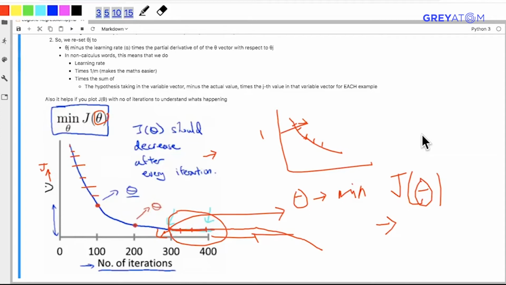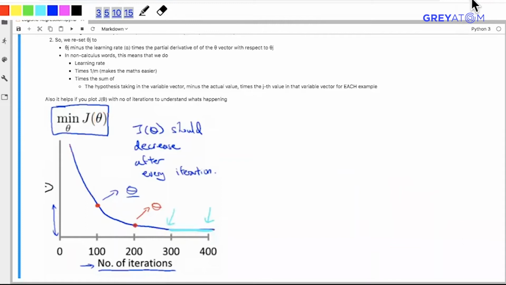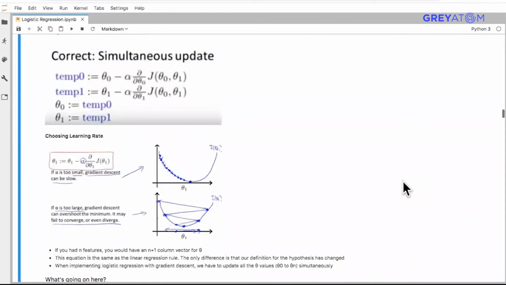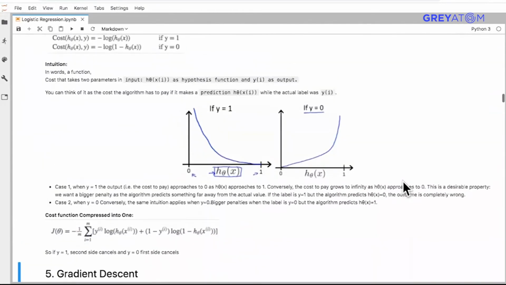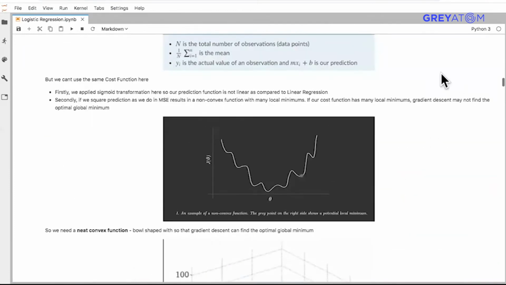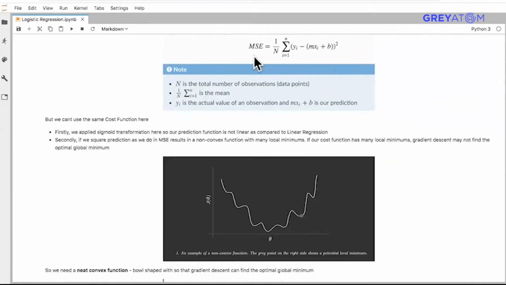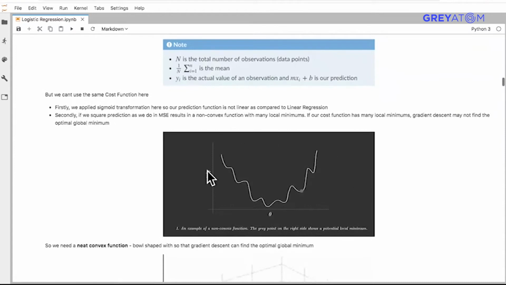Deepak is asking, if we choose different theta values, we may reach different local minima. How to get global minima? Let me go back here and show you this graph. I told you why we are not using this cost function: because we have a lot of local minimums here.